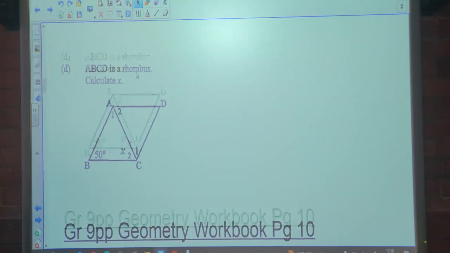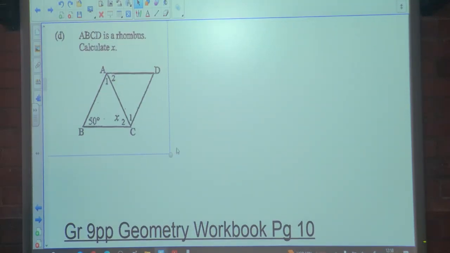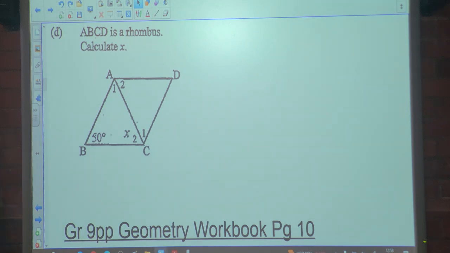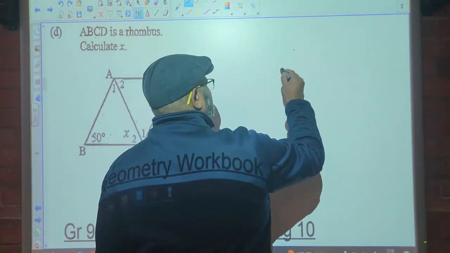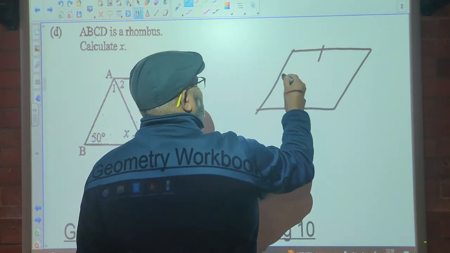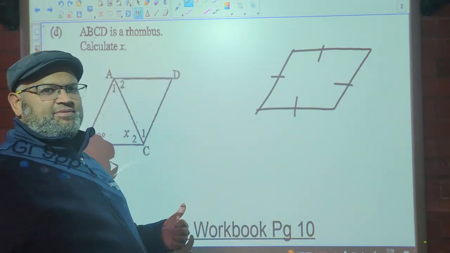D. We are told that ABCD is a rhombus. 6 or 5 properties come to mind. Okay? So what are the properties? All sides are equal. That's number 1.